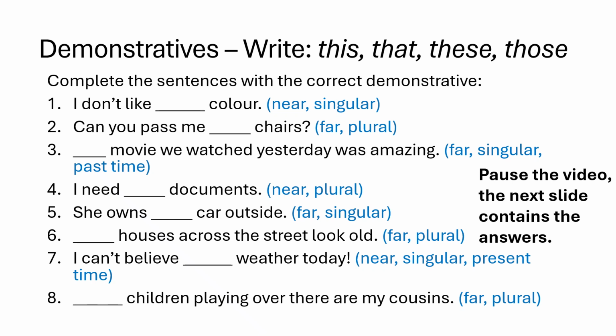Write these sentences. Use the correct demonstrative. This, that, these, or those. Use the clues in the brackets to help. 1. I don't like colour.